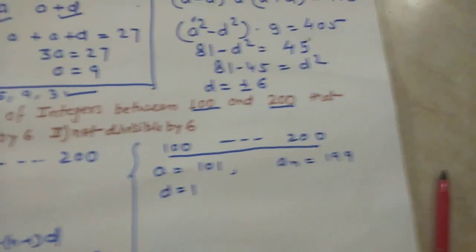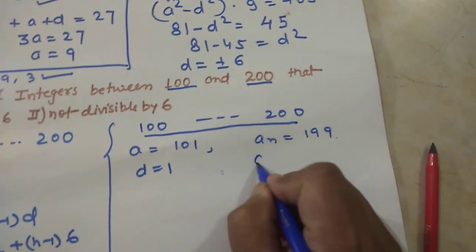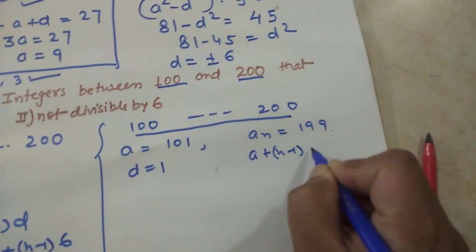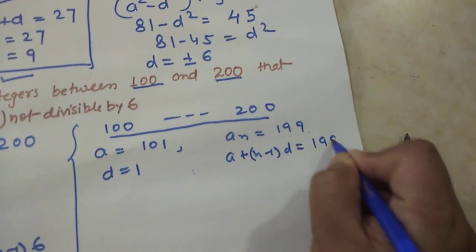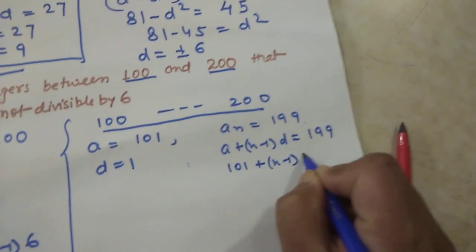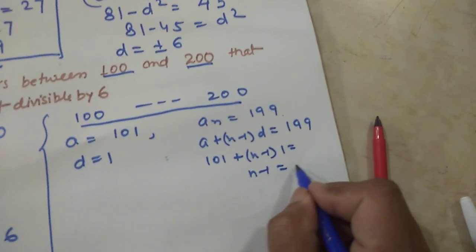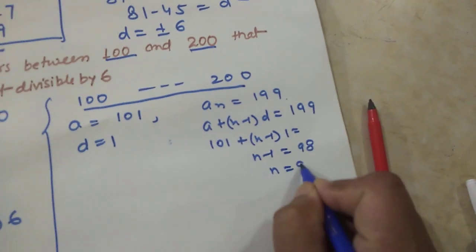D, all natural numbers, difference 1, an equal to 199. So we will put here a plus n minus 1 d equal to 199. A equal to 101, n we don't know, d equal to 1. This will be subtracted, so n minus 1 equal to 98, n equal to 99.